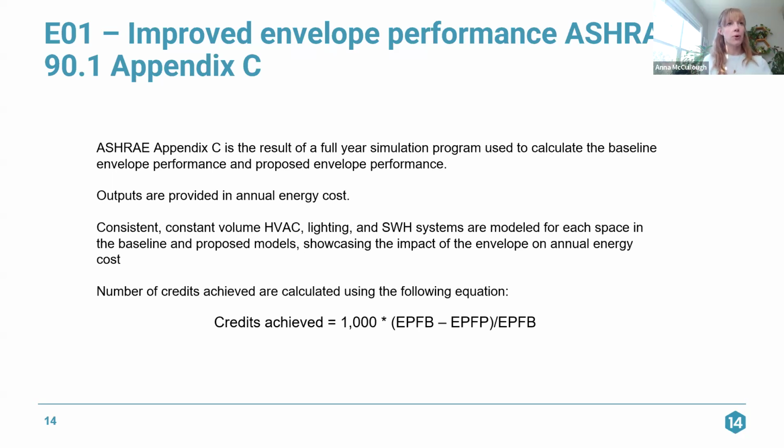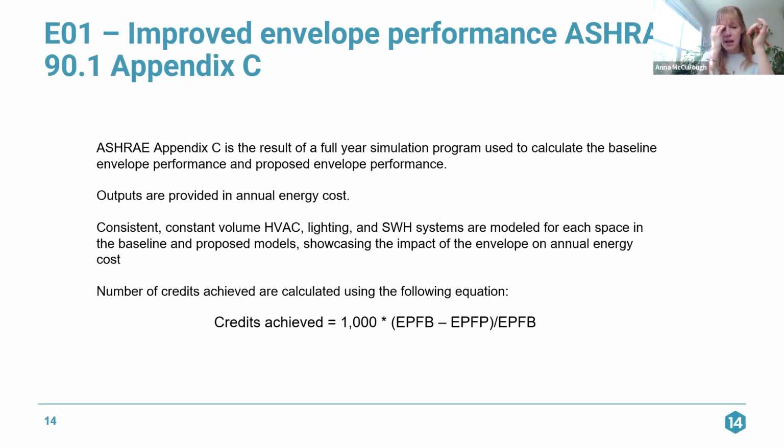And so this modeling protocol basically specifies that in every single one of your energy model zones, you're going to have packaged single zones. It specifies the service water heating system, all of that, so that you can really show, using the same HVAC system, based on the baseline building's prescriptive envelope performance and my design's envelope performance, what my annual energy cost is.